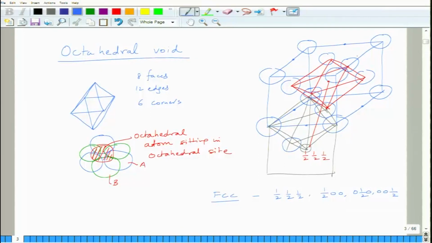And since each edge is shared by 4 unit cells, and there are 12 edges, these will contribute 1 by 4 into 12, 3. 1, 2, 3, 4, 5, 6, 7, 8, 9, 10, 11, 12. But since each is shared by 4 unit cells, 12 divided by 4 is equal to 3. So you have a total of 4 octahedral voids within a Fcc unit cell.